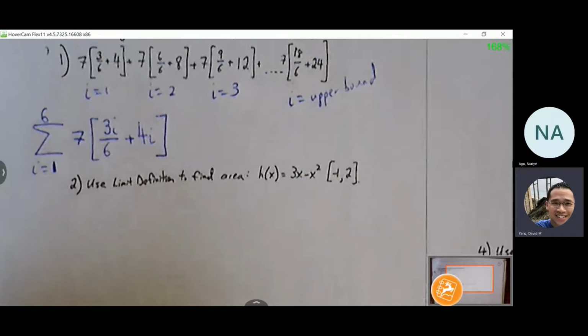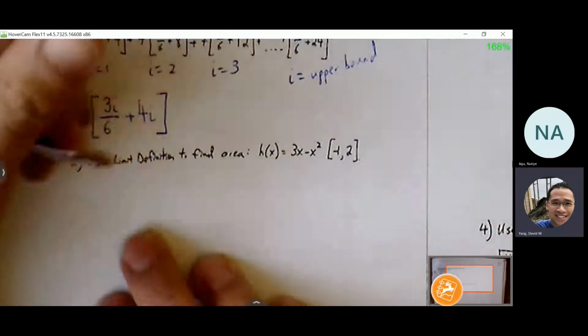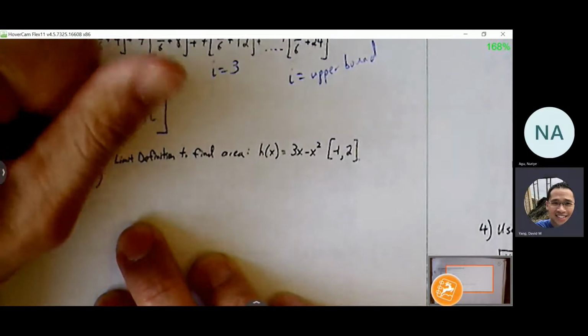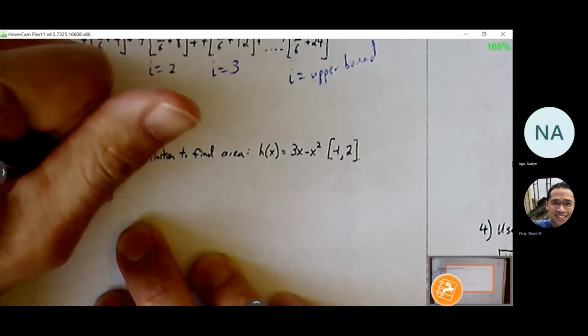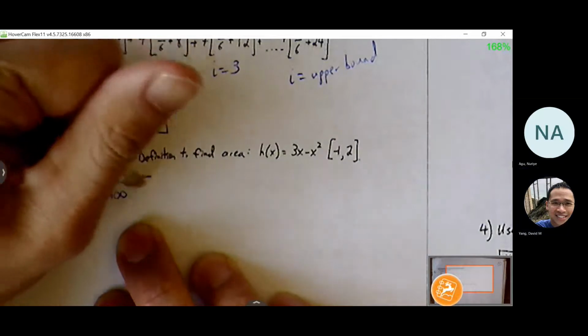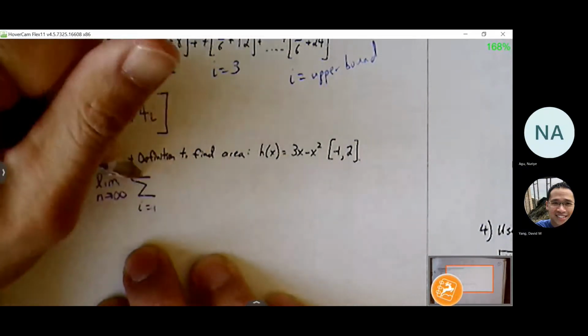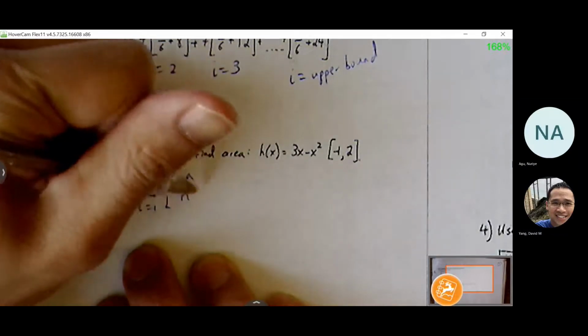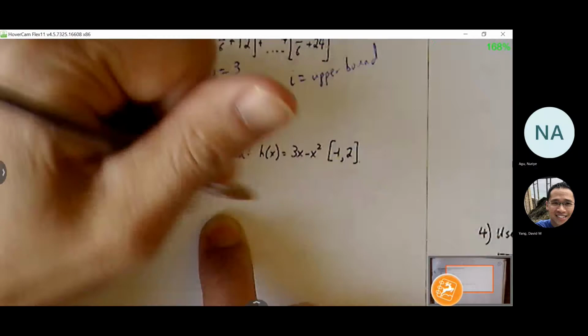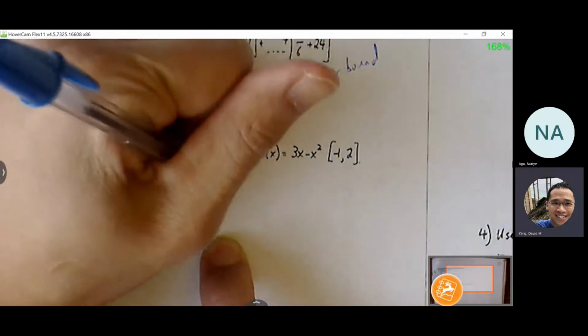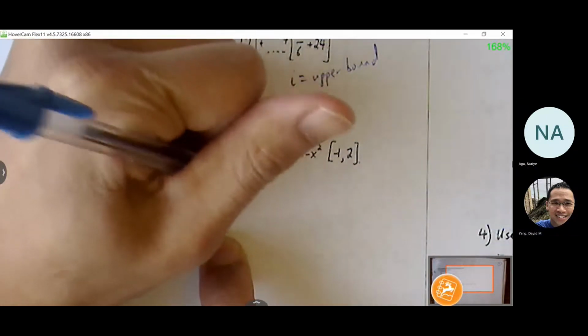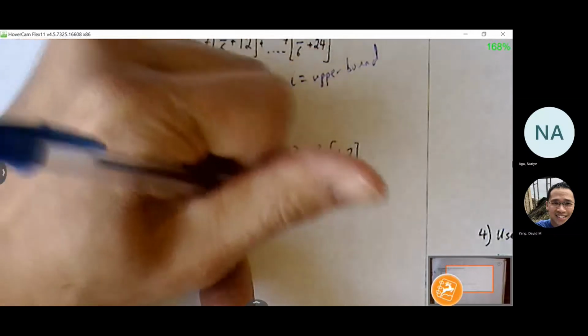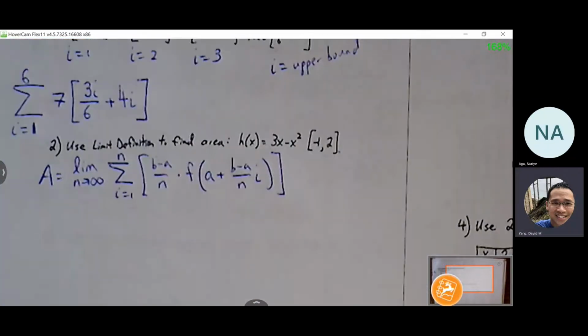Okay, limit definition. So here's the limit definition. I'll write this out. You got the width component, and you got the height component, which is inside f. Okay, first things first, we have to go ahead and replace all the a and b values that we see.